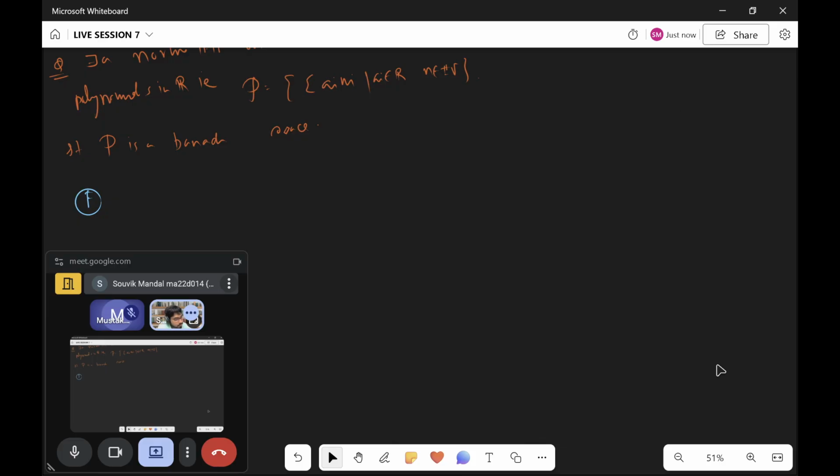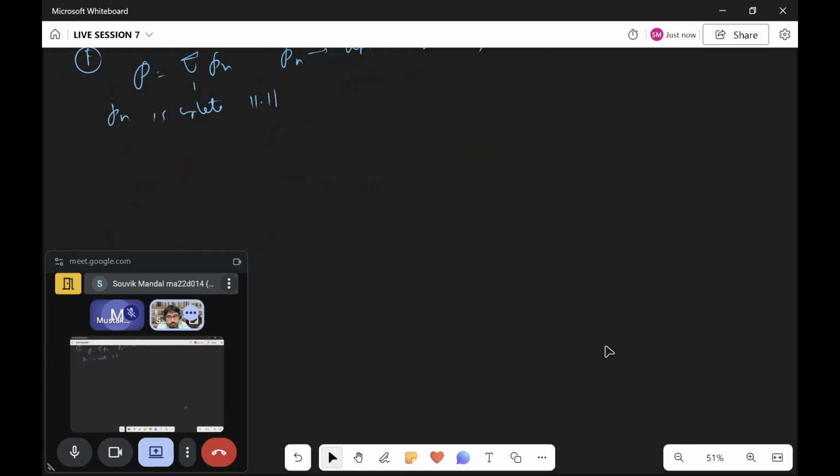So the point is, we can write P as the union of P_n, where P_n means polynomials up to degree n, and each P_n is complete with this norm.